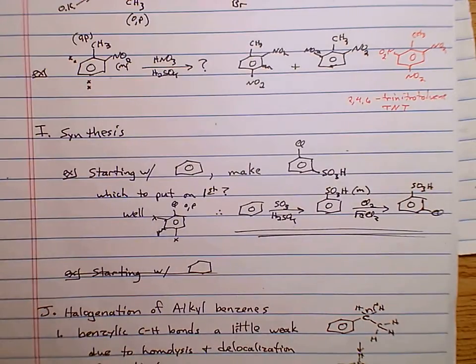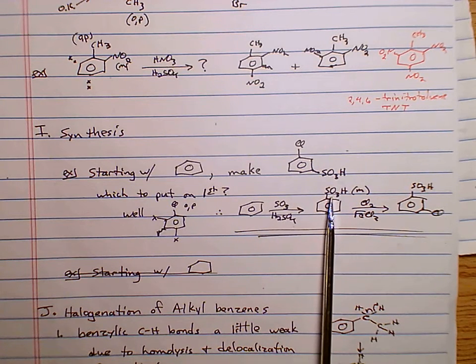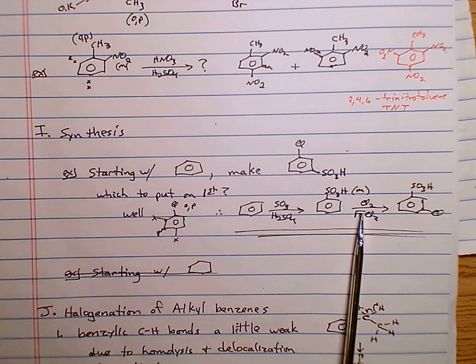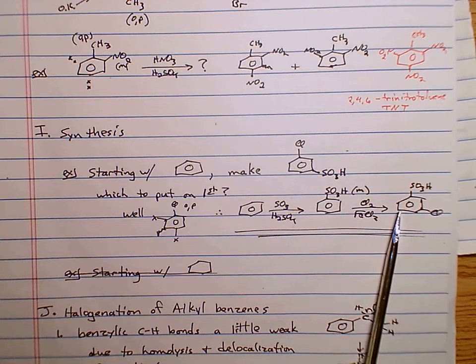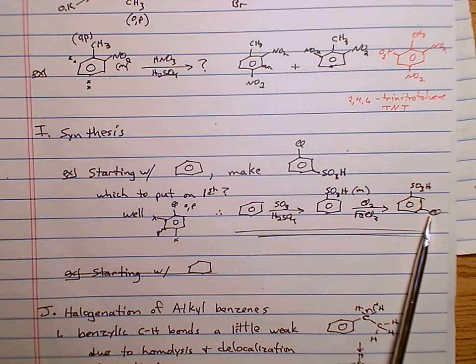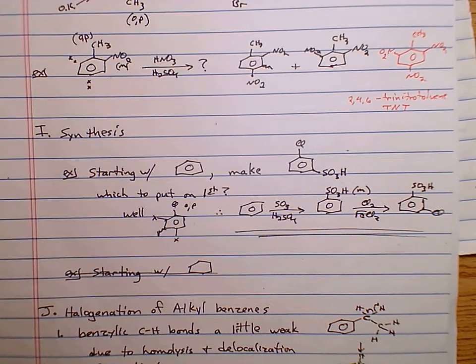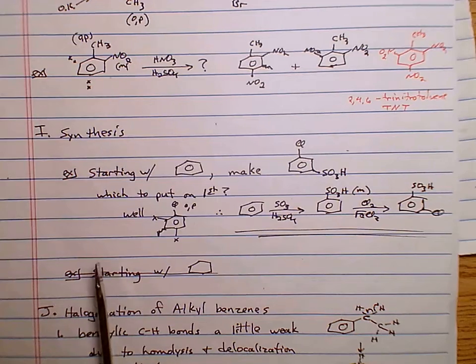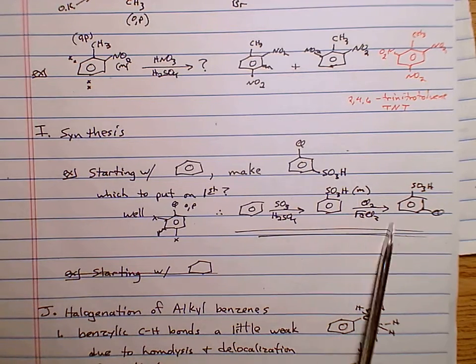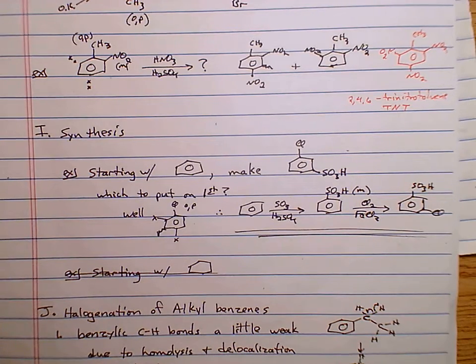You start with benzene, SO3 H2SO4 to put the sulfonyl group on, which is a meta director, then Cl2 FeCl3 to put the chloro group meta to the sulfonyl. All right. Cool. On the exam, there will be several questions along this. How do you make this molecule? How do you make that other molecule? You have to know the sequence, or figure out the sequence.